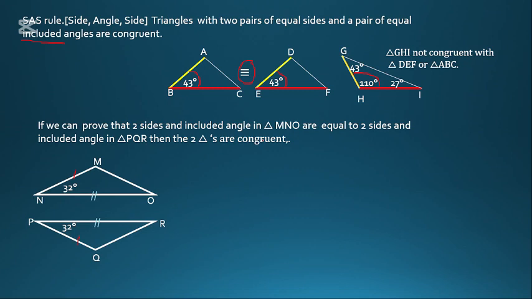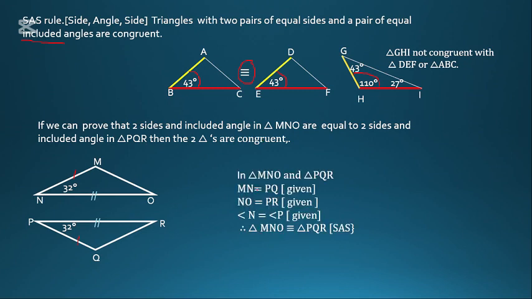Right, we start. And we say, in triangle MNO and PQR, we start like that. In triangle MNO and PQR, MN is equal to PQ. Why? It is given because it is marked. Right. NO, this one here, is equal to PR, given.